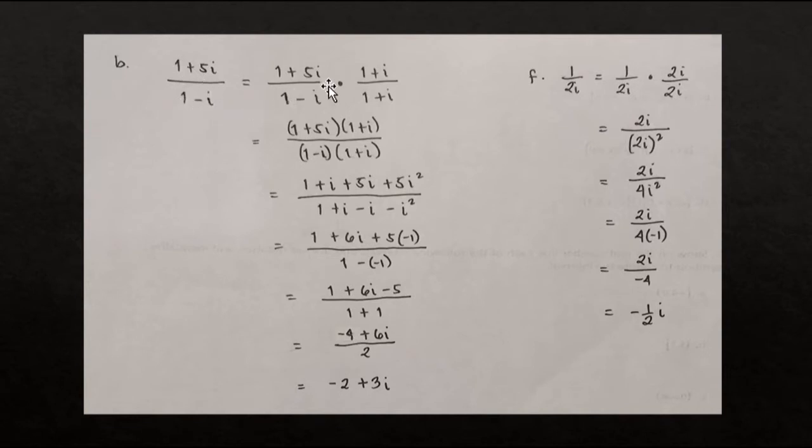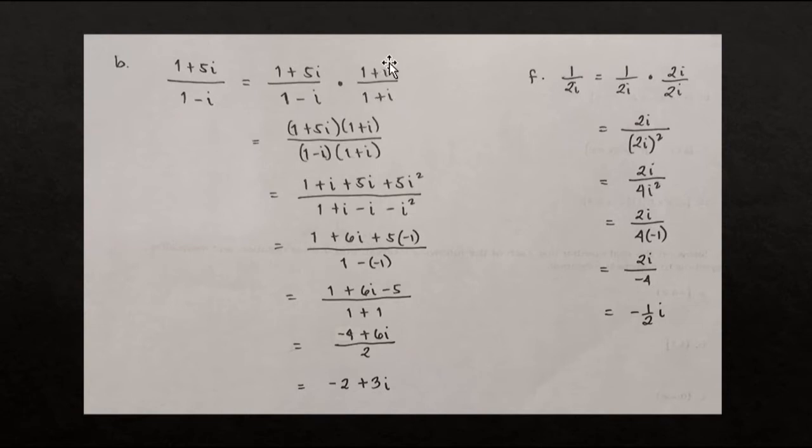So, we rationalize it by eliminating the imaginary in the denominator. To eliminate that, we multiply the denominator by the opposite sign of the second term. Since it is 1 minus i, we multiply 1 plus i.